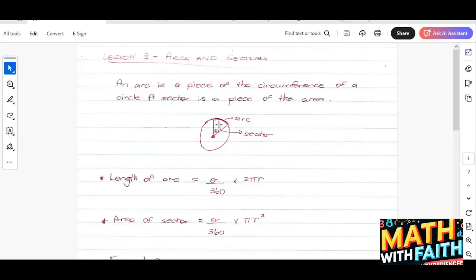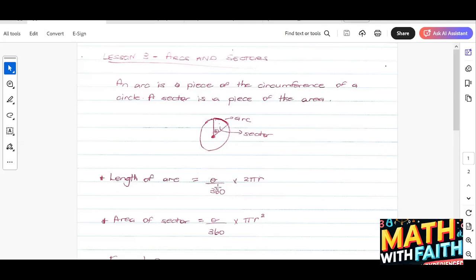So if we can find the circumference of a circle, and we can find the area of a circle, we can also find what piece of that circle will be like. And that's dictated by the angle in this pizza slice, right? Because this part of the circle has an angle theta.